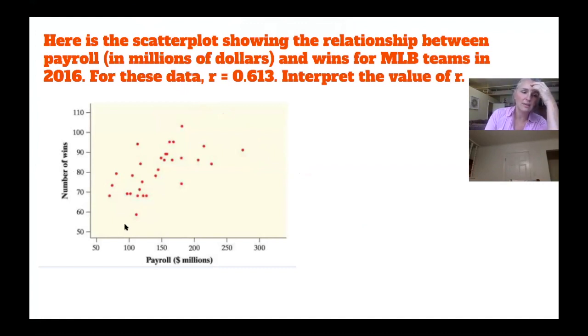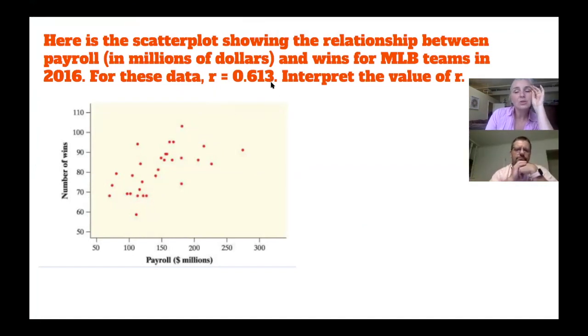So if this team has 60-ish wins, the average payroll is just over 100 million, right? So that's kind of how this works.